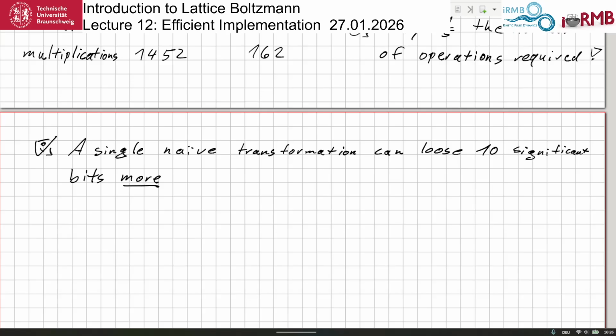I have an input, I transform it, I transform it back, and I measure how many bits are different. The chimera transform is not perfect, but what I have observed from non-representative samples is that using the naive transformation can lose me 10 significant bits more than when I use the chimera transform, and the chimera transform again is not perfect.